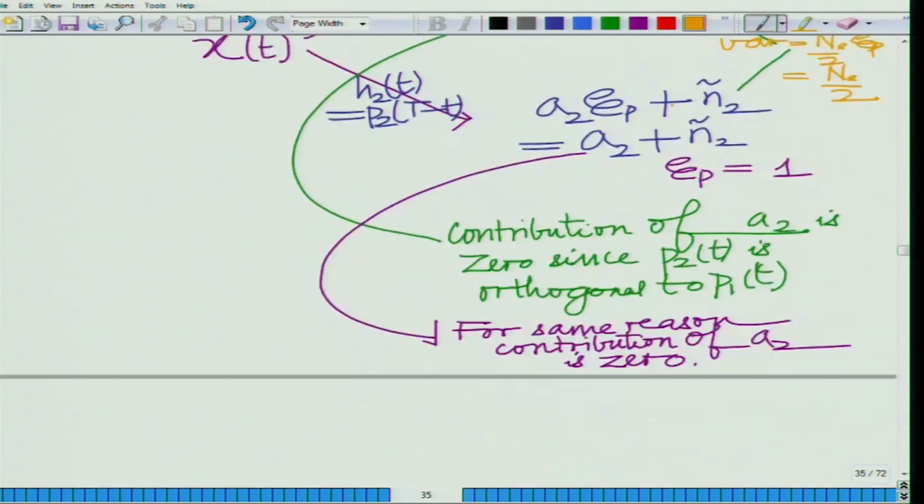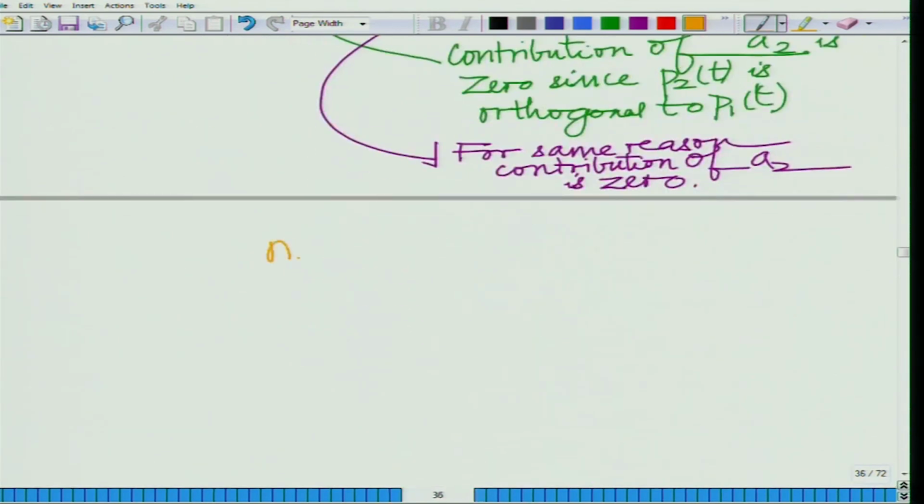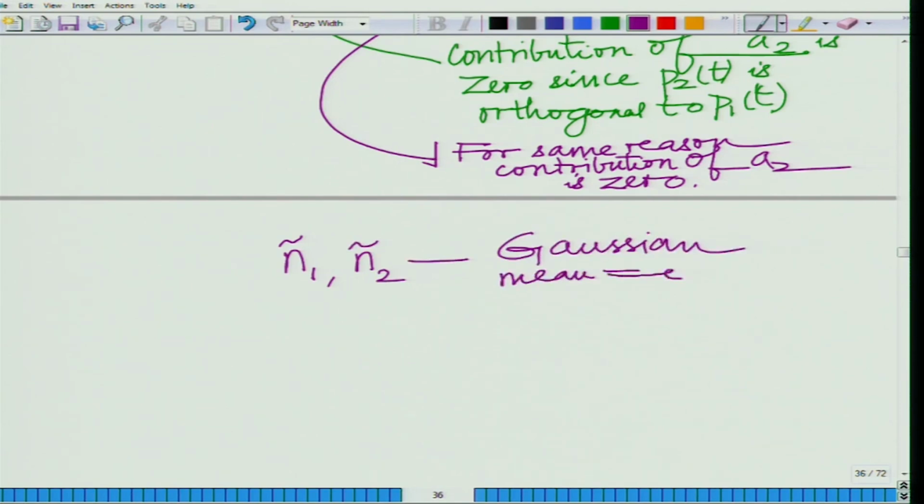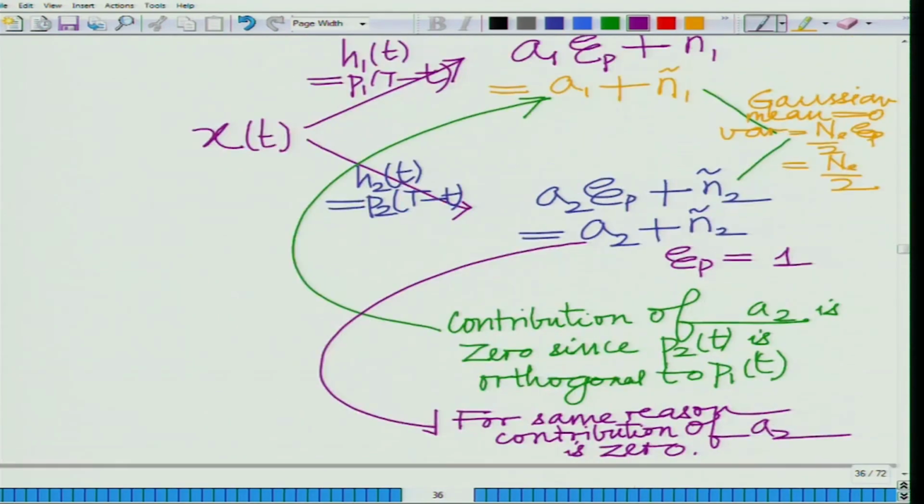So, these are Gaussian, mean equal to 0, variance equals N naught by 2. Now, we can call this A1 plus N1 tilde statistic R1, that is following match filtering and followed by sampling at t equal to capital T. This we can call R2.